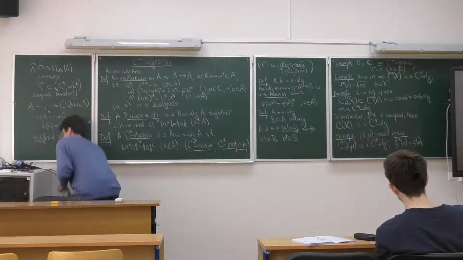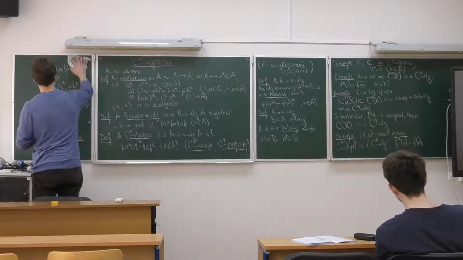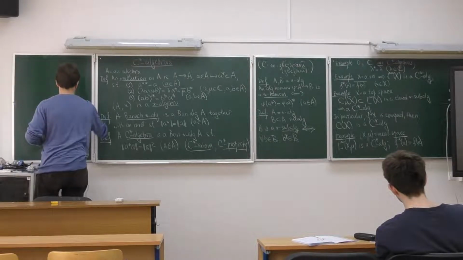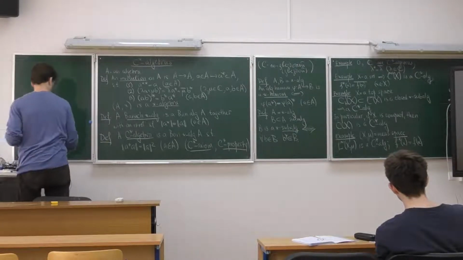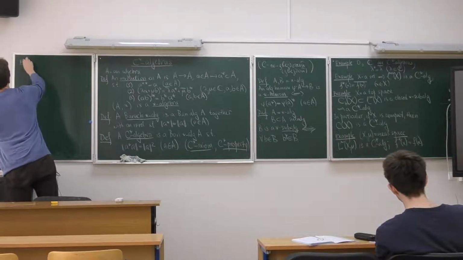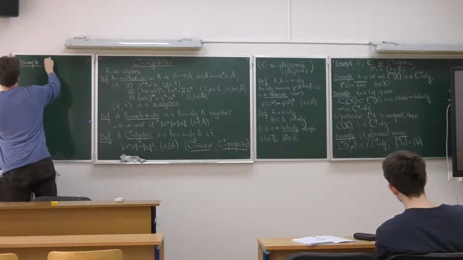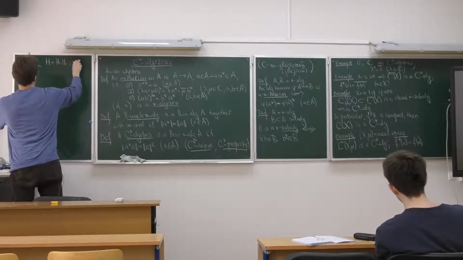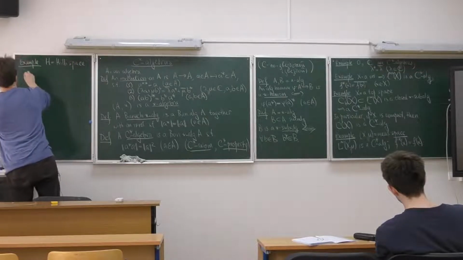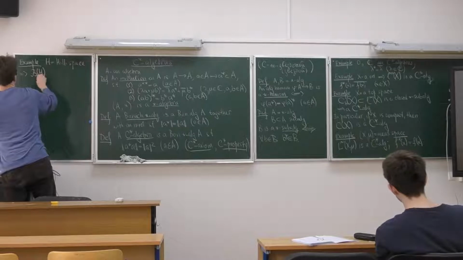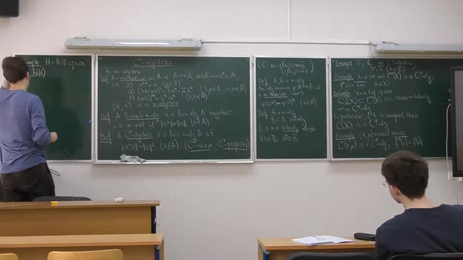Well, so far all these examples are commutative. Now let's look at a non-commutative example, which is probably the most important example of a C-star algebra. If H is a Hilbert space, then B of H, the algebra of bounded linear operators on H, is a C-star algebra.